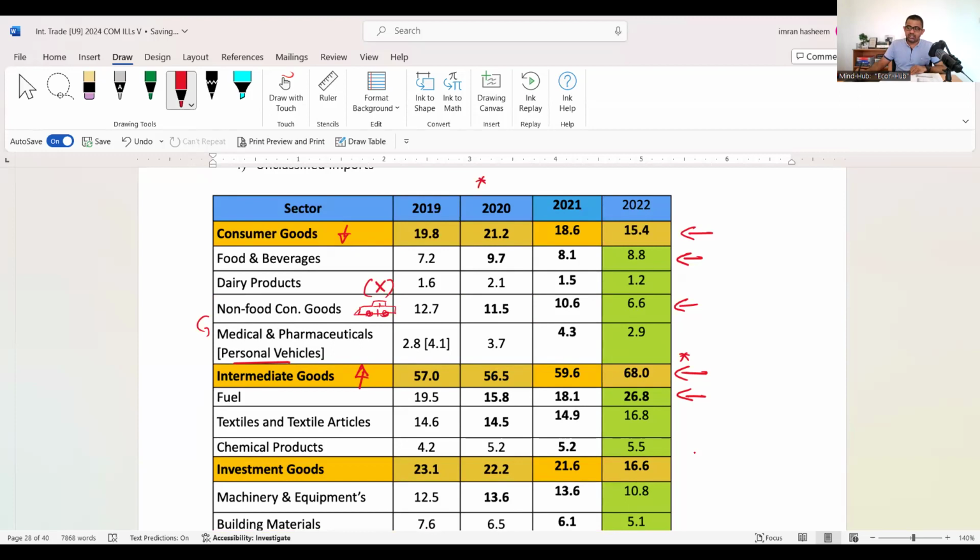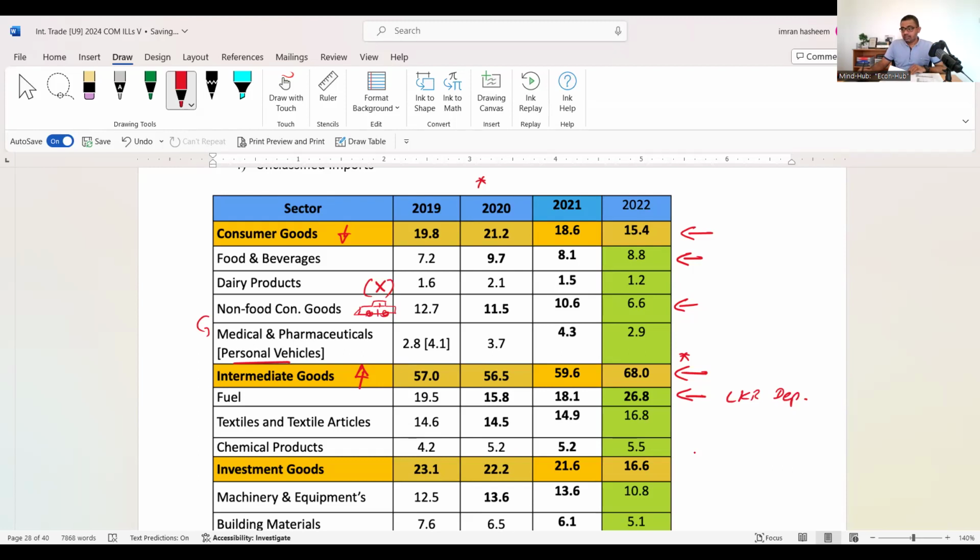One of the reasons for the percentage increase is the depreciation of the rupee, the LKR depreciation against the US dollar. So per liter of petrol, diesel, all that, we were paying a big amount because we had to pay more rupees to buy a dollar. Rupee sharply depreciated during that period.